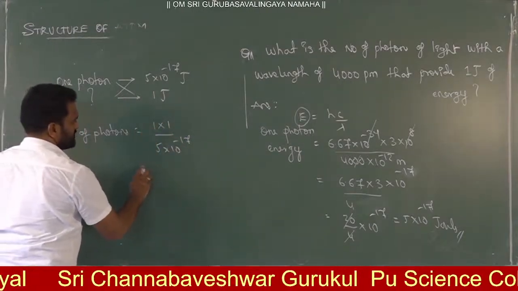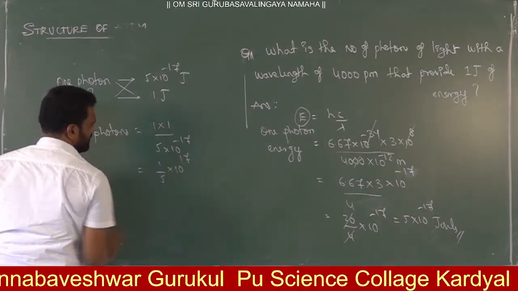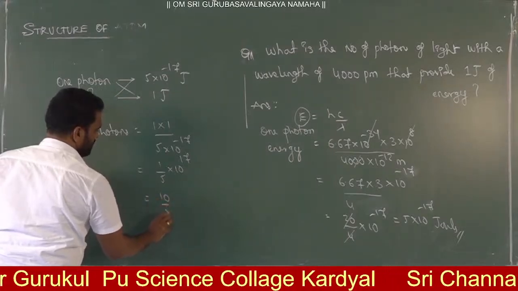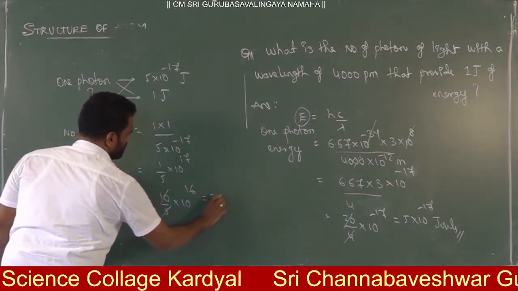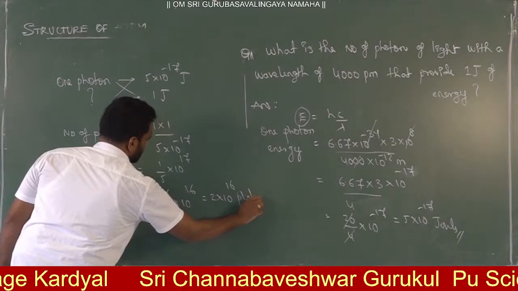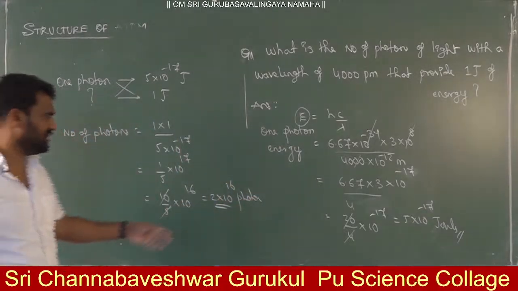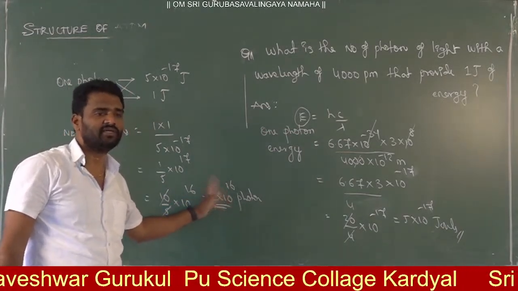This equals 1 by 5 into 10 power 17. You can take 10 by 5 into 10 power 16, which equals 2 into 10 power 16 photons. To create 1 joule of energy, you need 2 into 10 power 16 photons.